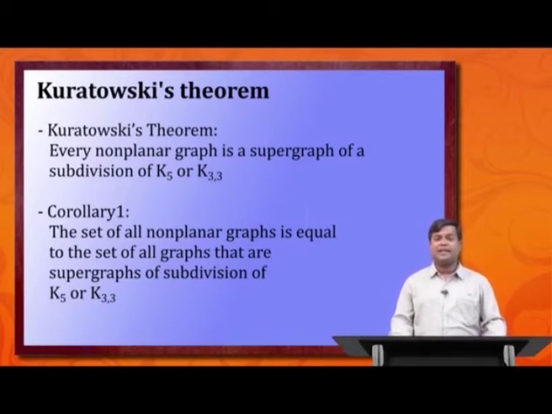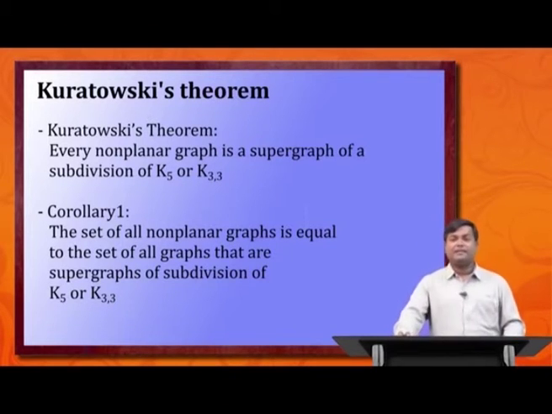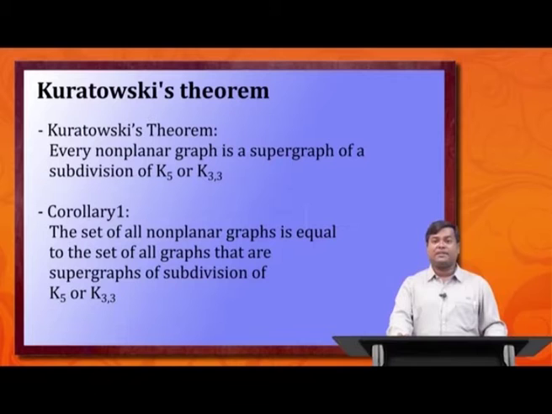It is just as in set algebra. If A is a subset of B, which is given in the last slide, that the supergraphs of subdivisions of K5 and K33 are a subset of the non-planar graphs, and here we found that the non-planar graphs are a subset of the supergraphs of subdivision of K5 and K33.